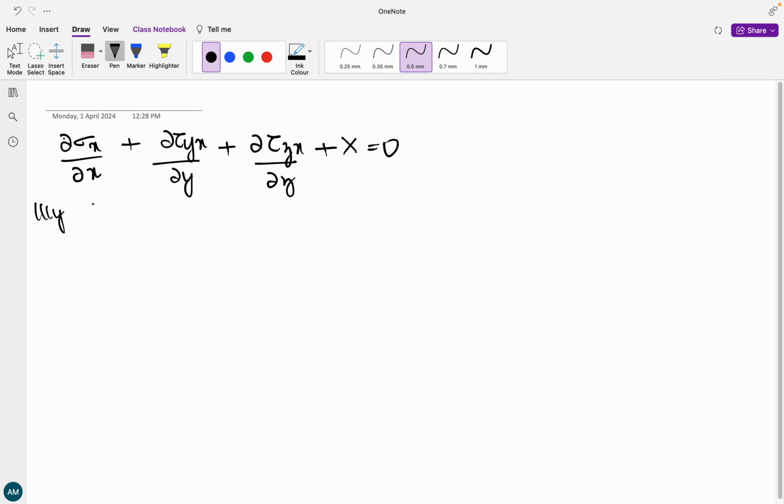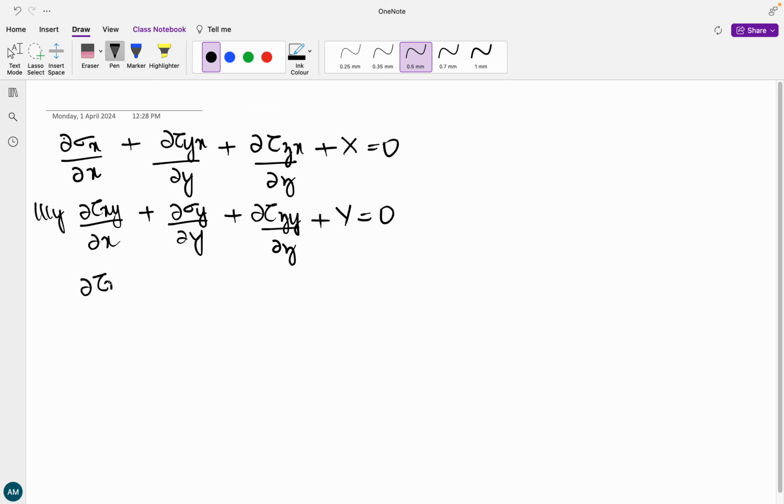So similarly, I can write dou tau xy by dou x plus dou sigma y by dou y plus dou tau zy by dou z plus Y equals 0 and then dou tau xz by dou x plus dou tau yz by dou y plus dou sigma z by dou z plus Z equals 0.